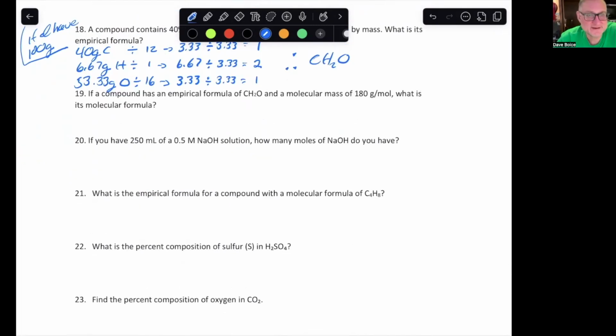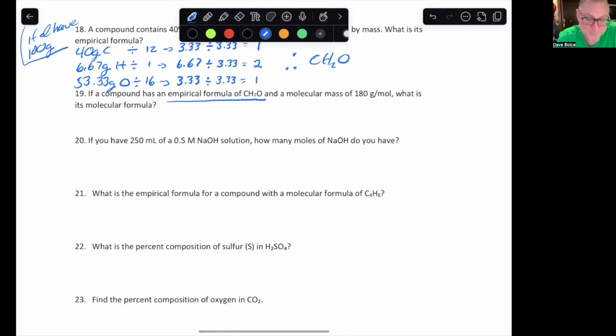Okay, if a compound has an empirical formula of CH2O and a molecular mass of 180 grams per mole, then what is its molecular formula? So my empirical formula is my lowest whole number ratio, CH2O.